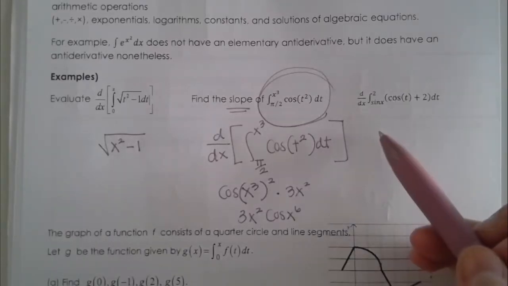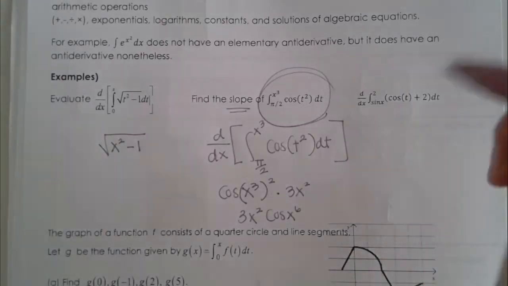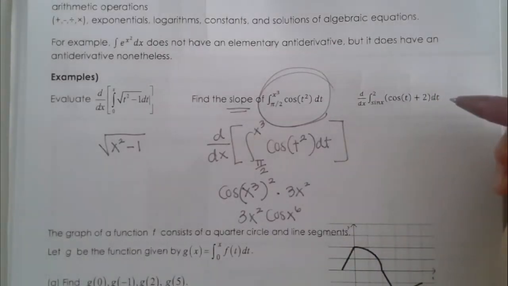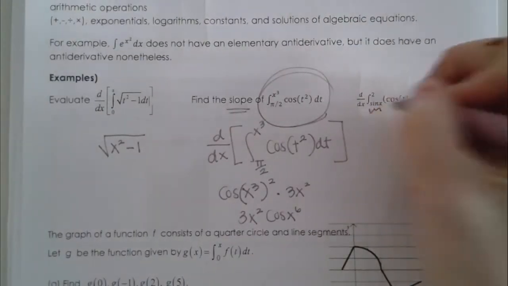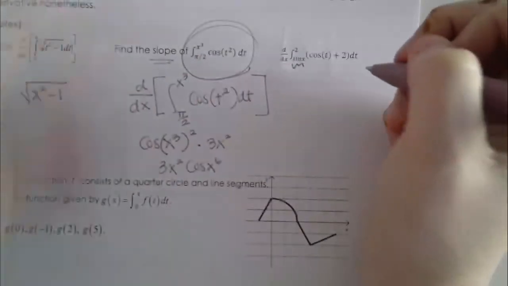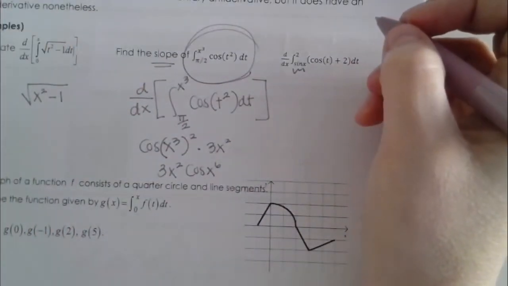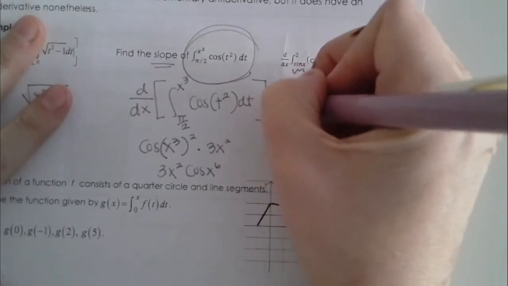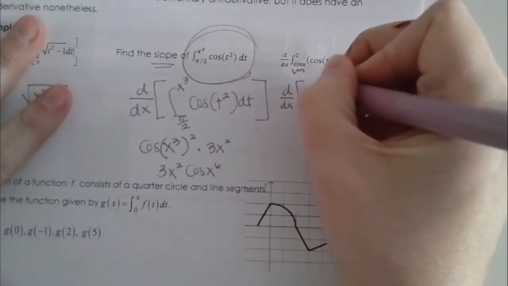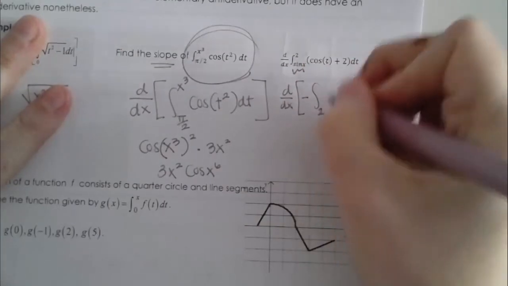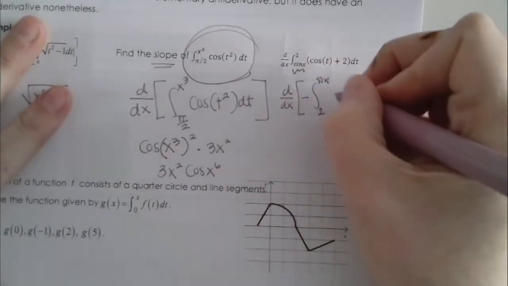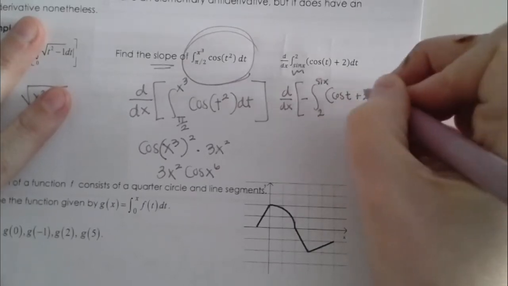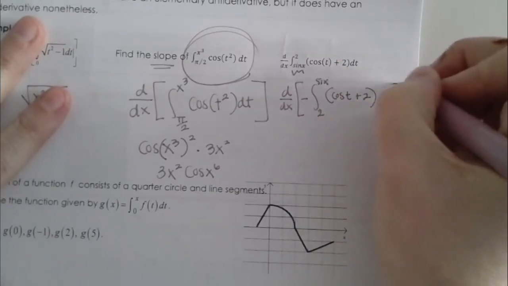Next up we have the same type of thing where we have the derivative of this right here, but notice that my function's on the bottom. So because it's on the bottom, we're going to use our property where it's actually the opposite. So this is the derivative of the negative integral from 2 to sine x of cosine t plus 2 dt.